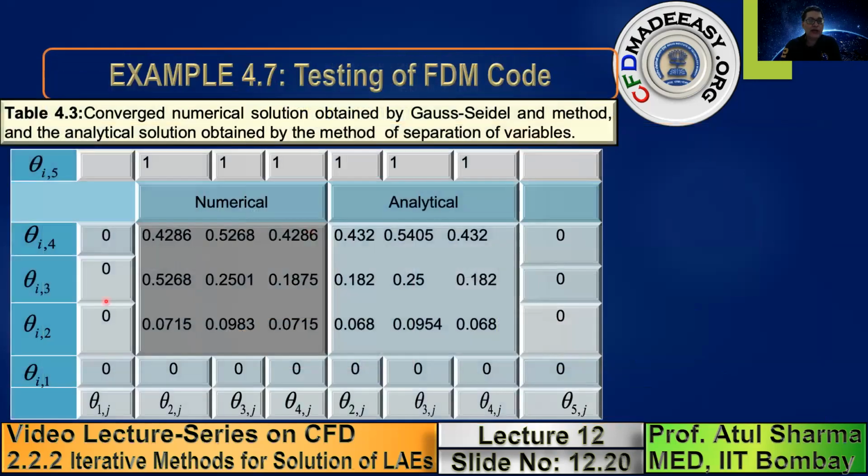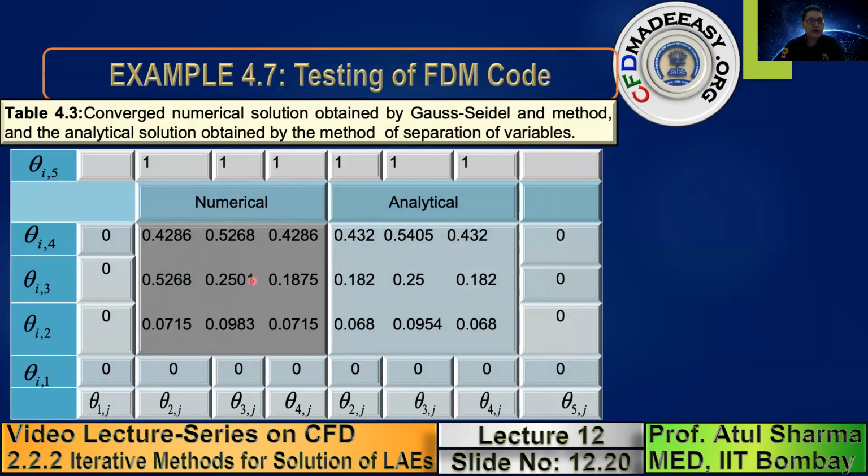For those 9 values, this is the converged solution which has been obtained numerically using the Gauss-Seidel method as shown here, and these are your analytical solution.